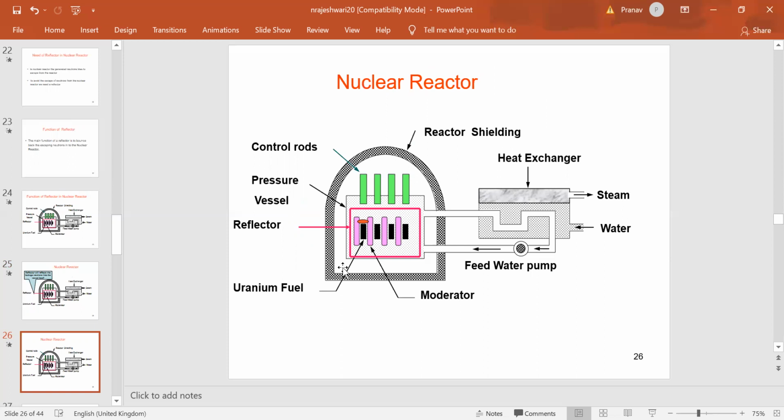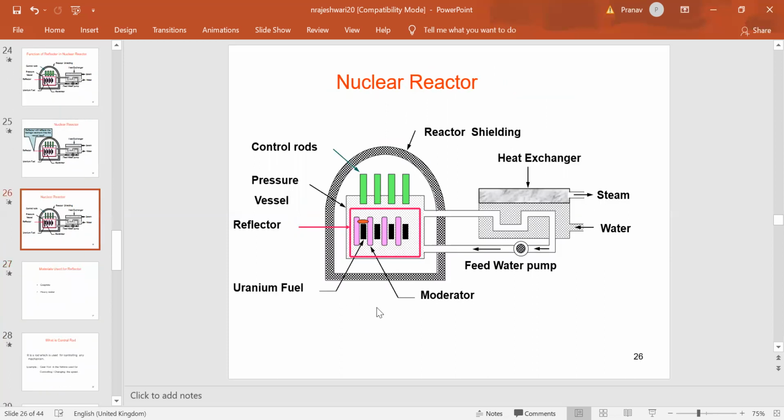And these are the nuclear reactor parts. If any neutrons escape from this, these reflect them back here only. So this is the reactor shielding and control rods, pressure vessel, and reflector, with uranium as a fuel.